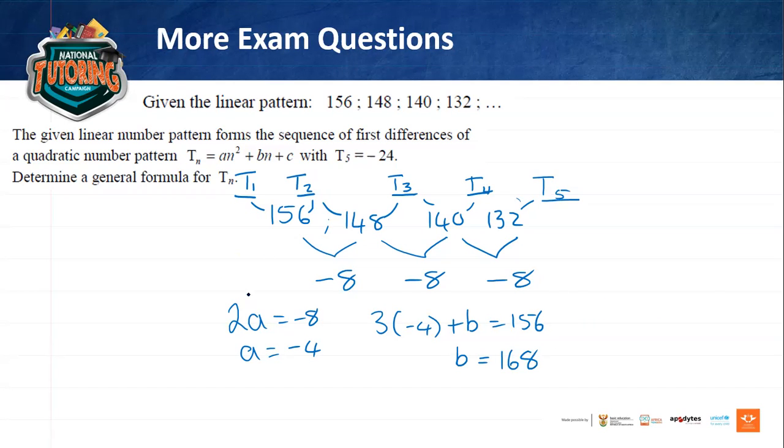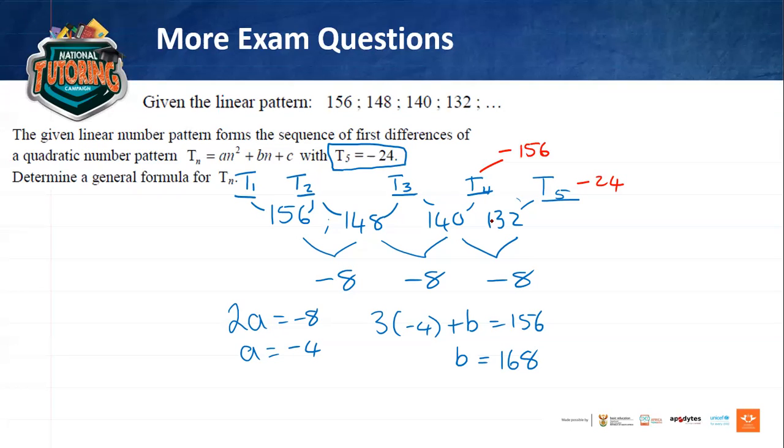And then the only issue is, what is our c value? And they've told me that T5 is negative 24. So what I can do is substitute in a negative 24 and work my way backwards. So if T5 is negative 24, then T4, if I subtract 132, is going to be negative 156.